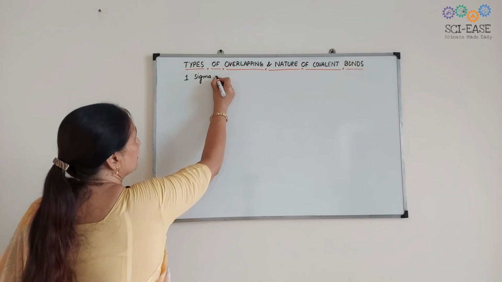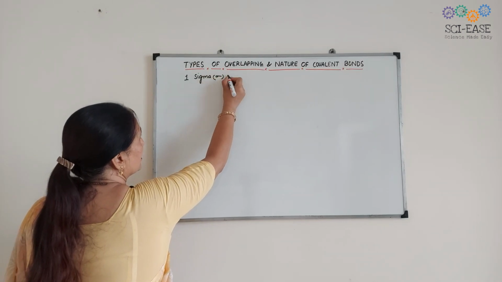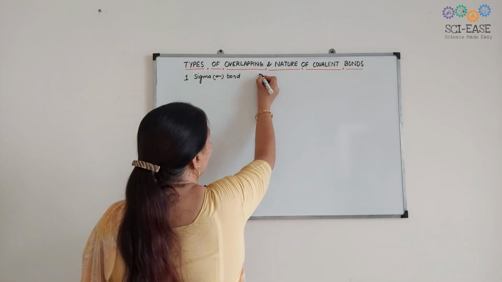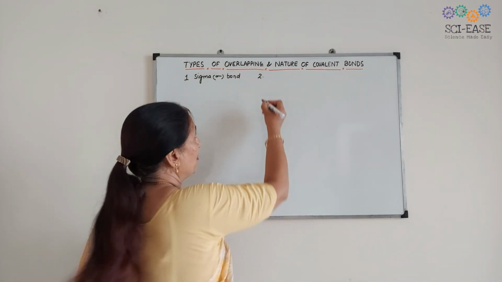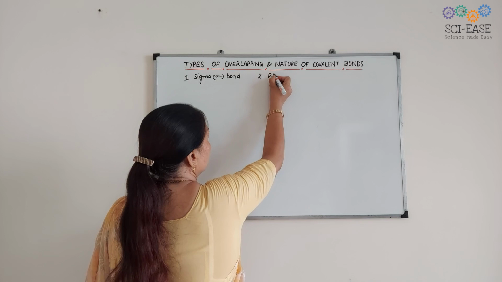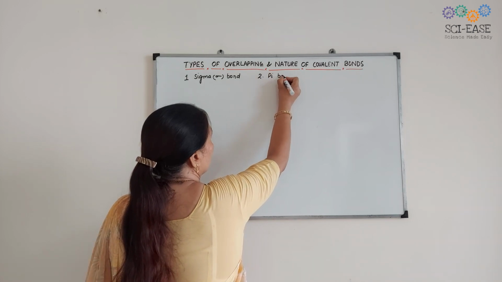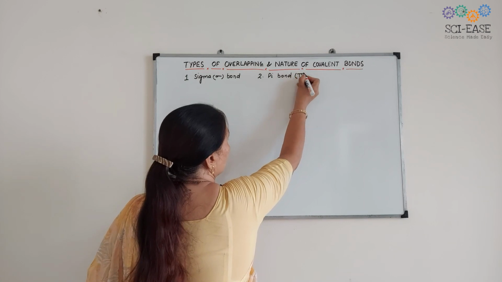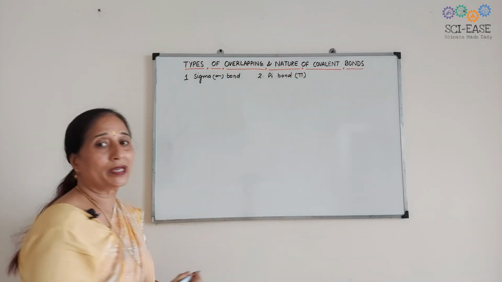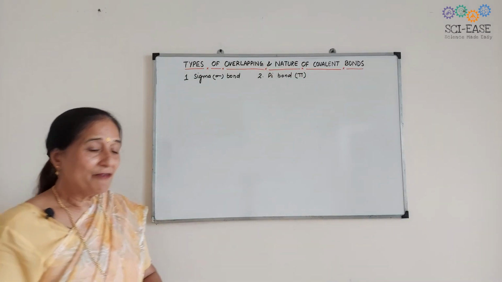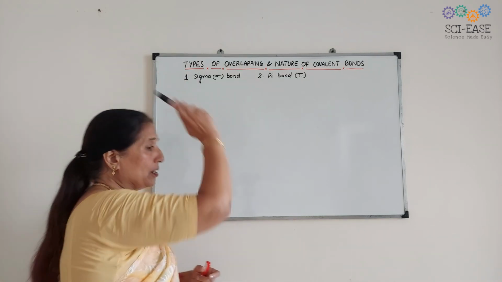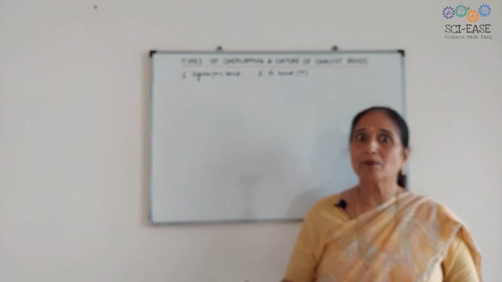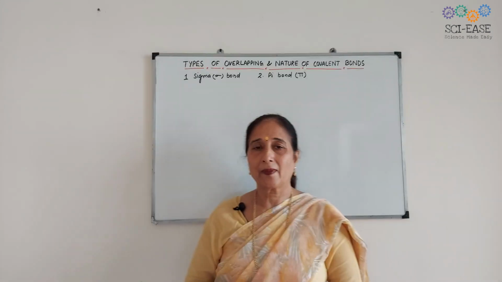Its symbol is like this, sigma bond, and the second one is the pi bond, and its symbol is pi. Okay. First we will study the sigma bond, what sigma bond is.